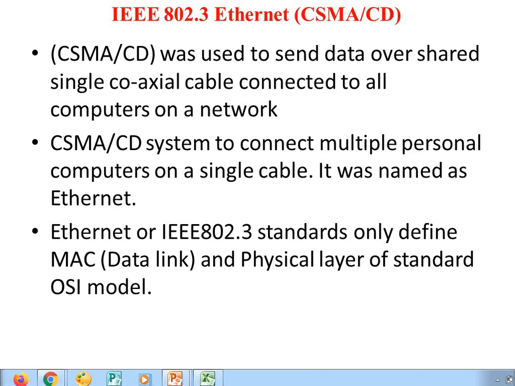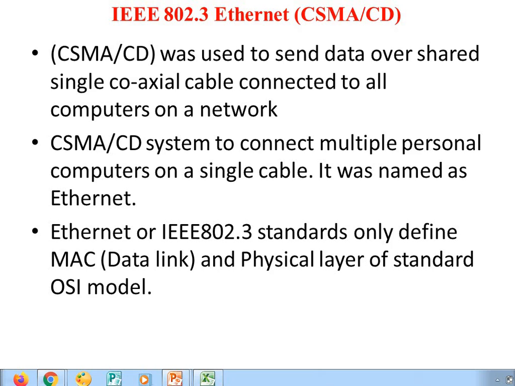So this 802.3 or Ethernet standard is only defined for the MAC layer. We have already seen that the data link layer can be separated into two layers. The first one is the MAC layer and the second one is the LLC, that is the logical link layer. LLC we are not talking about here.